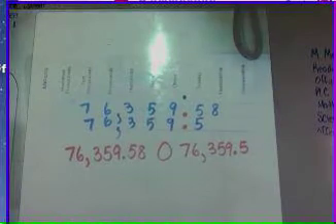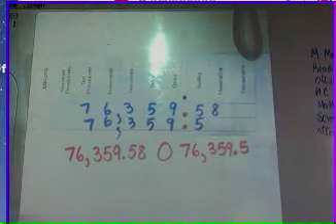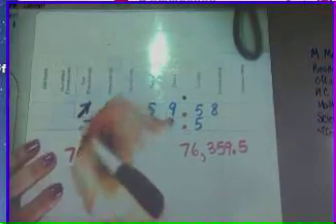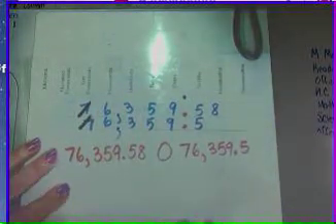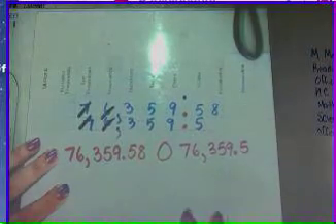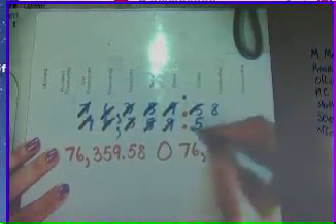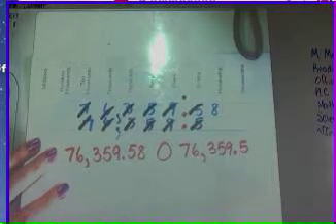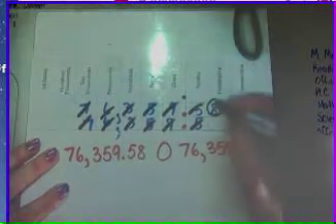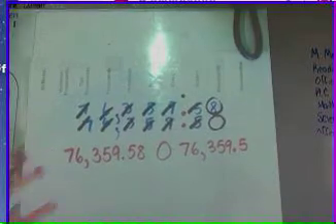And the same thing, I start all the way to the left, and I'm going to go ahead and start comparing. So my 7 and my 7 are the same. My 6 and my 6 are the same. My 3 and my 3, and I just keep going until I find something that's not the same. Well, in this case, I've got an 8, and there's nothing in there.